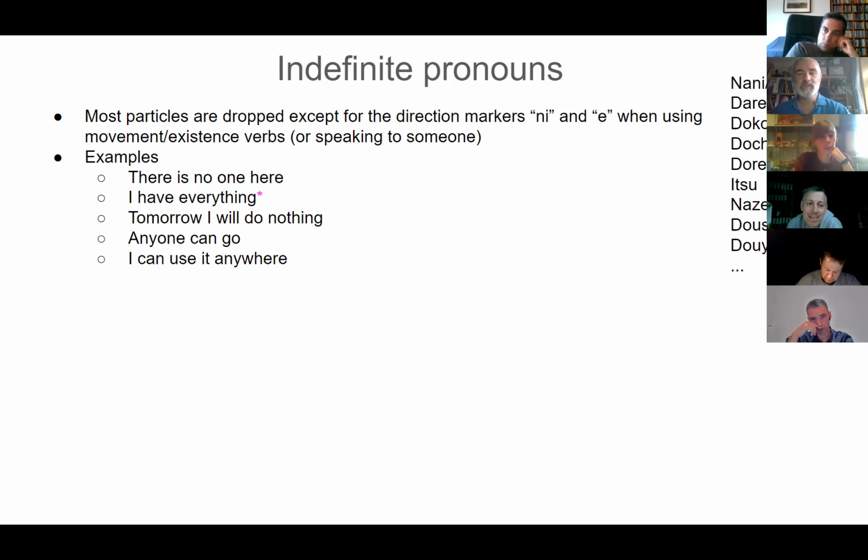Doko demo tsukemasu. Good. Not tsukimasu, but I am able to use. What's the verb actually?